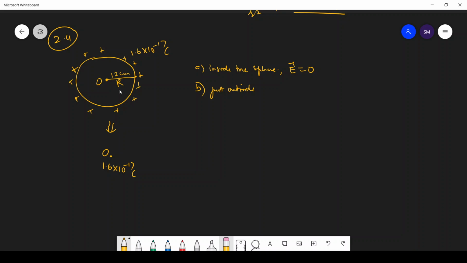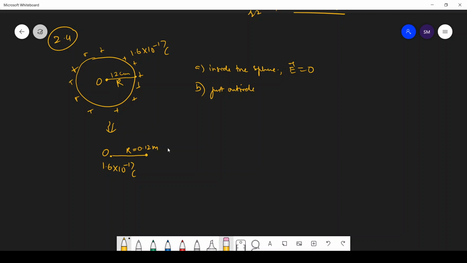The charge which is uniformly distributed over the surface of the sphere will behave as if the whole charge is concentrated at the center O. And now we have to find the field just outside, so it will behave this way at this point. Just outside means the same distance, that is r, the radius, equal to 0.12 meters.